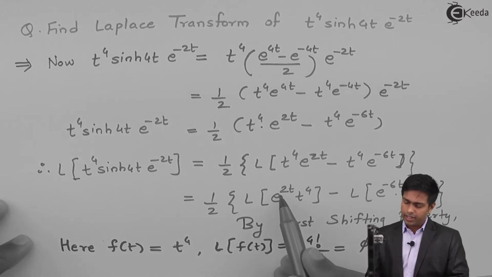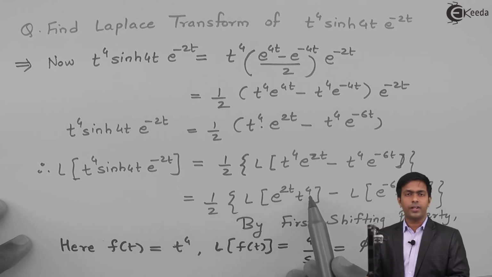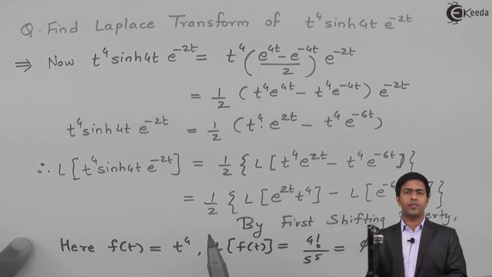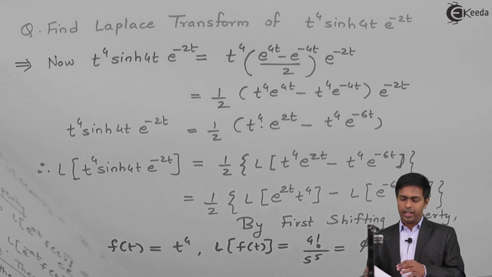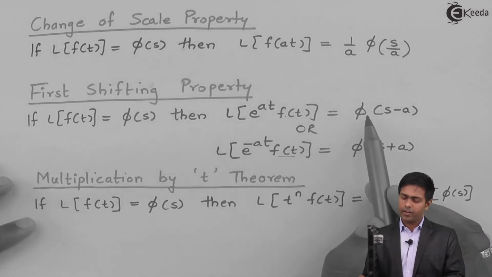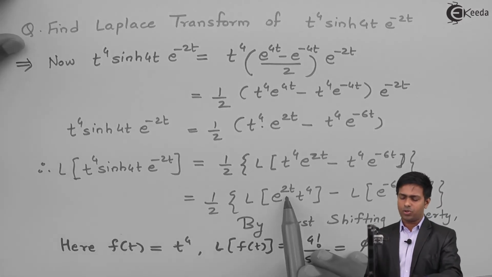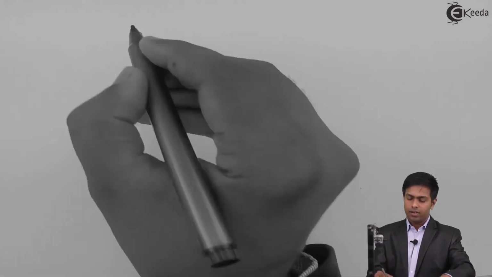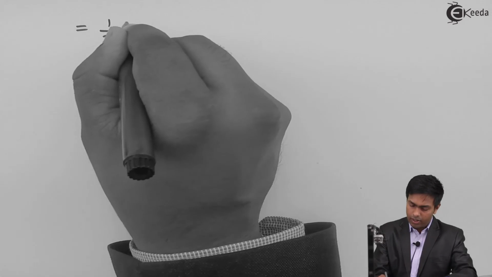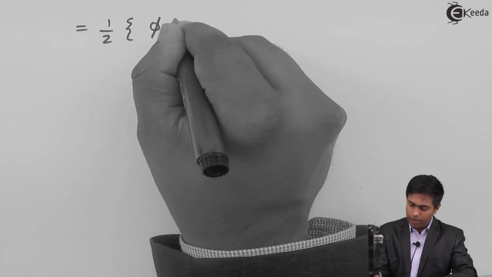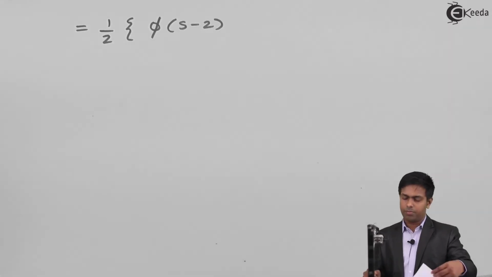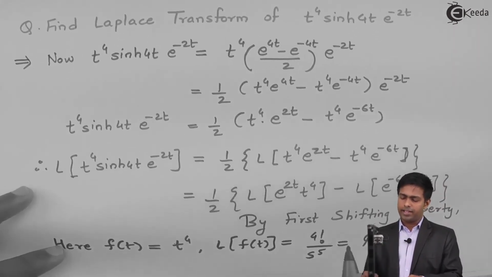Now here the property is e raised to at f of t. So this a is positive 2. So when a is positive, that time we get value as phi of s minus a. Now here the value of a is 2. So we'll get 1 by 2 in bracket phi of s minus 2, because a is positive.